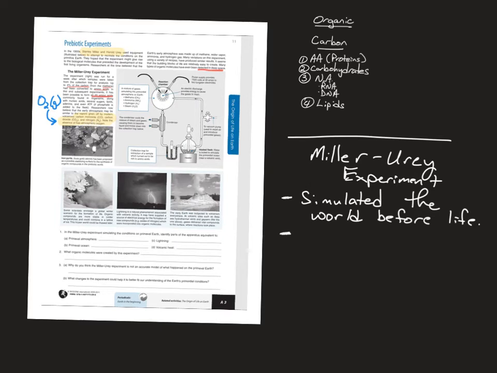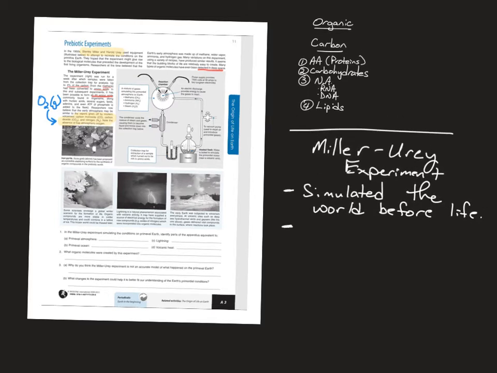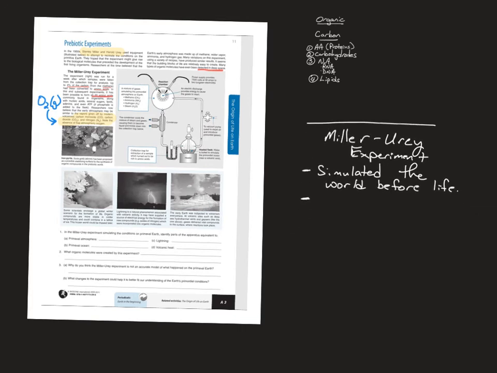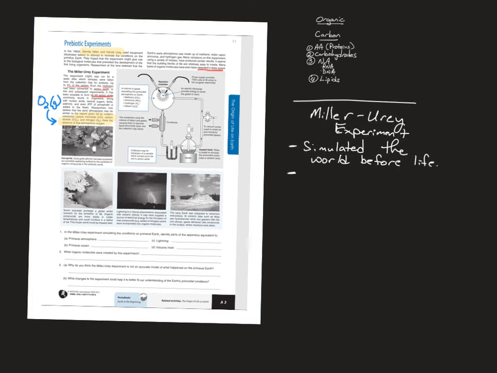Whether you believe that God created it or not is not the point here, right? It's what is the mechanism for life to have been made. And so logically what we think is that you had to have those 5 steps occur first because we know how life works, right? We know a cell needs lipids.